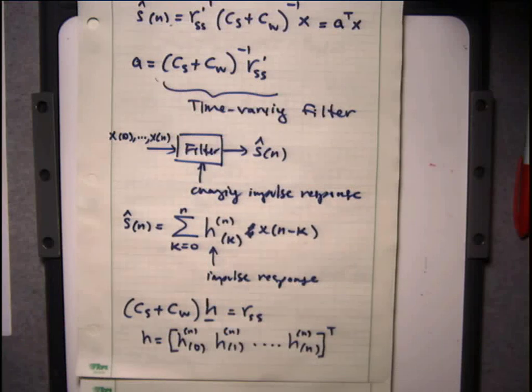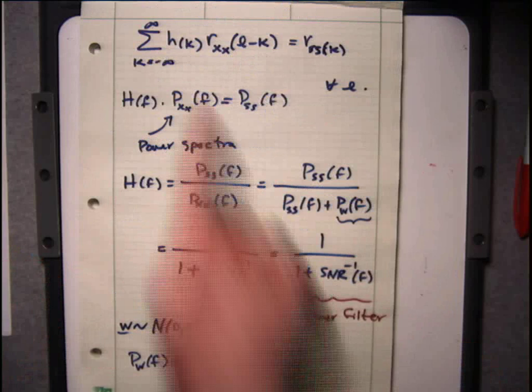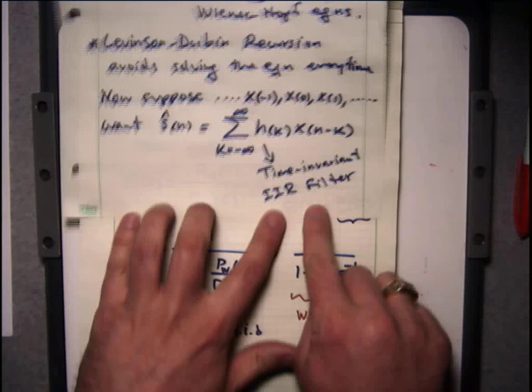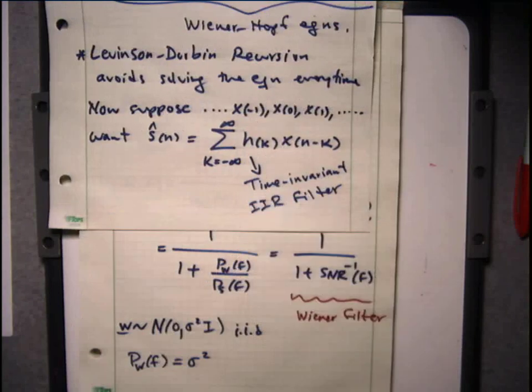Okay? So this equation, or equivalently this equation, is basically a time-invariant infinite impulse response filter. This is the so-called steady-state version of the equation that we showed you before. The other one, every time you add a new data point, the filter has to jump up and down to keep up.